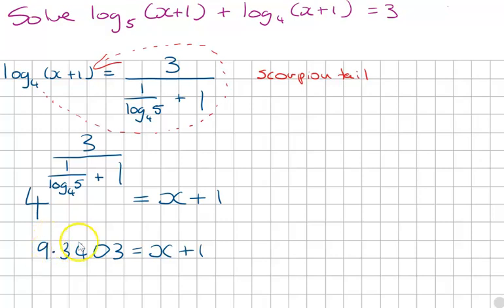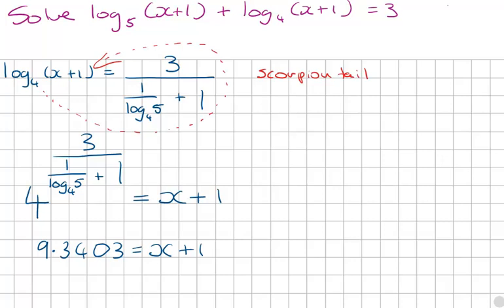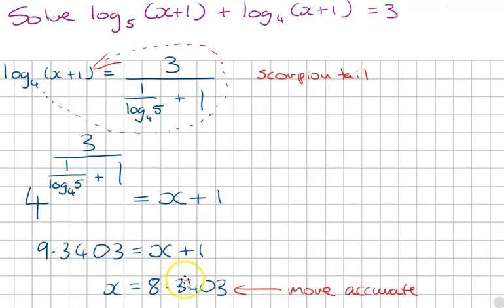Which gives 9.3403 is equal to x plus 1. And subtracting the 1, again, we get 8.3403. It's slightly more accurate because we didn't do the rounding in the middle like we did in the previous slide. But it's still absolutely perfect for an answer.